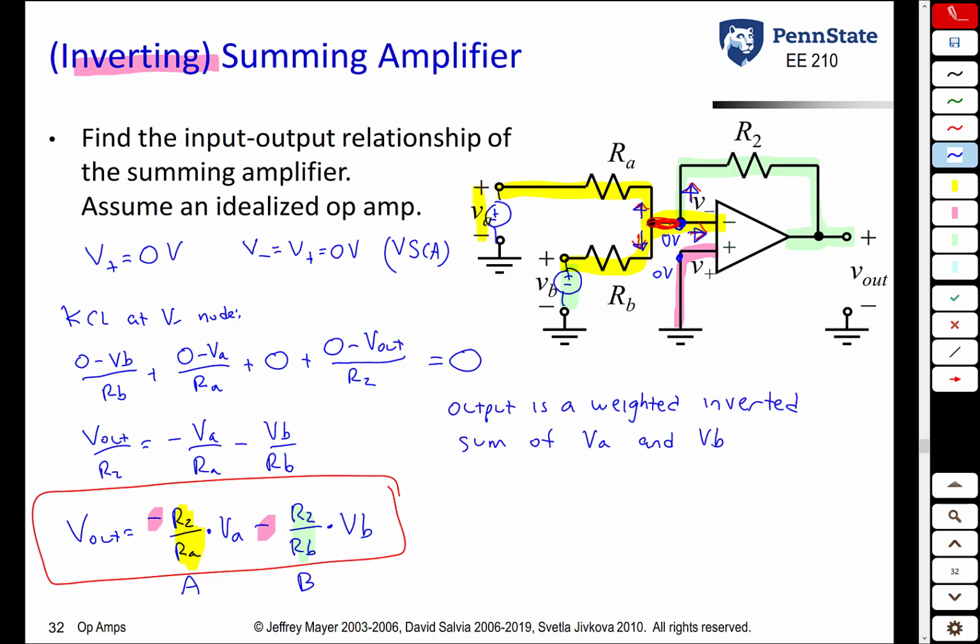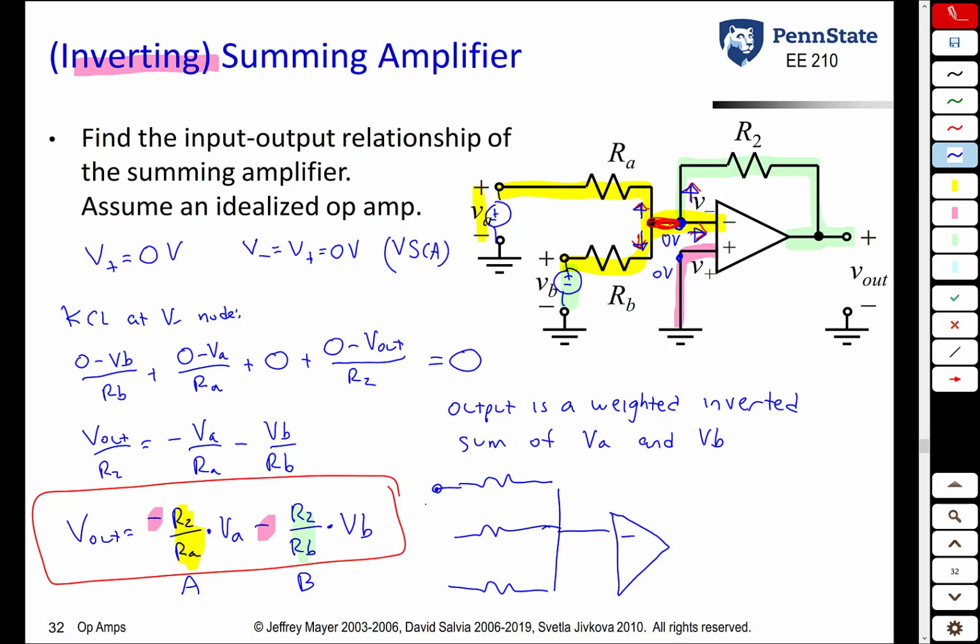And once again, we can pick RA and RB to get whatever desired gains we want. This example shows it with just two inputs. We can actually have as many different inputs as you want. Basically, each input gets connected to a different resistor, and all the resistors together get fed into the inverting terminal.